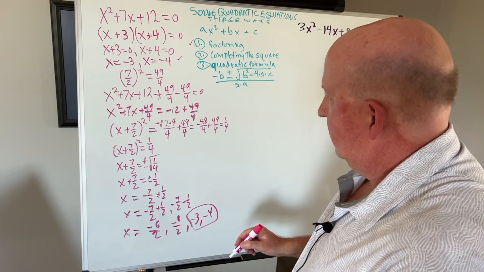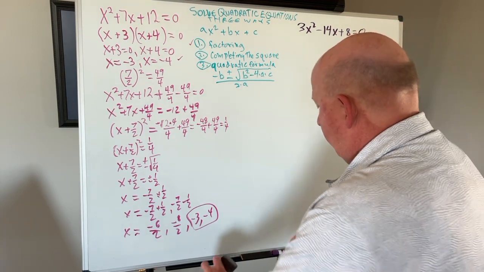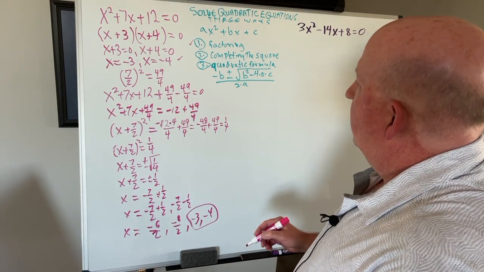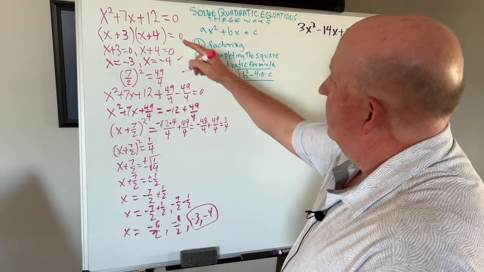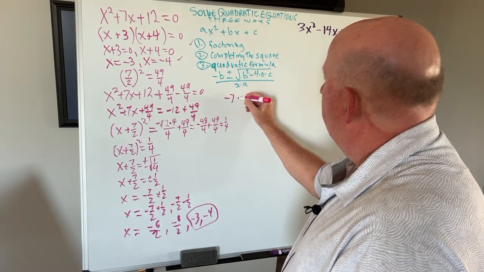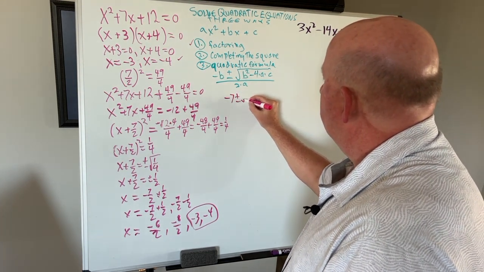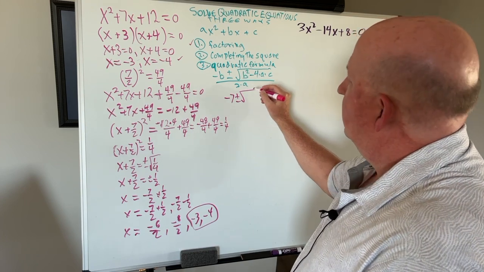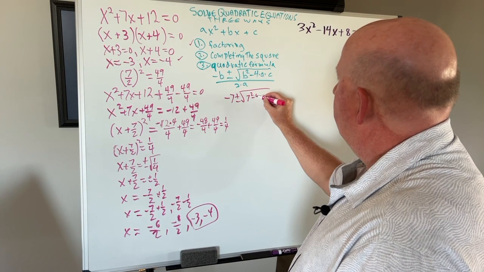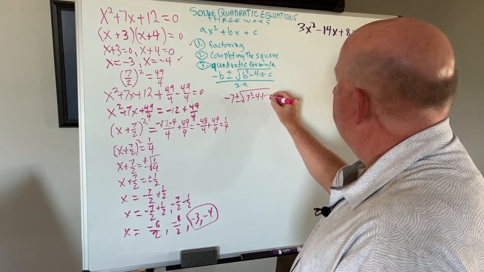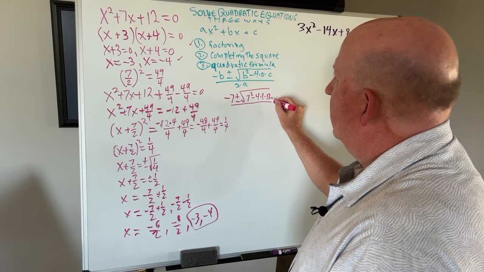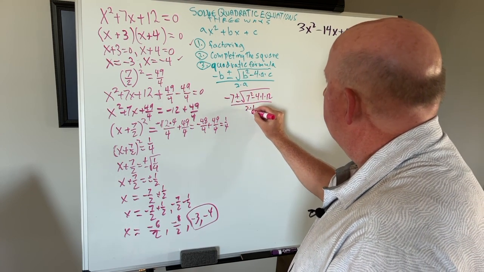So that checks out. Now if I do it the third way, the quadratic formula, I'll take negative b, which is negative 7, plus or minus the square root of b squared, which is 7 squared, minus 4 times a, which is 1, times c, which is 12, all over 2a, which is 2 times 1.